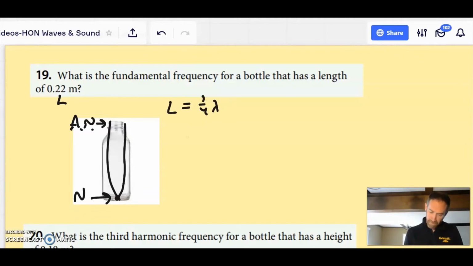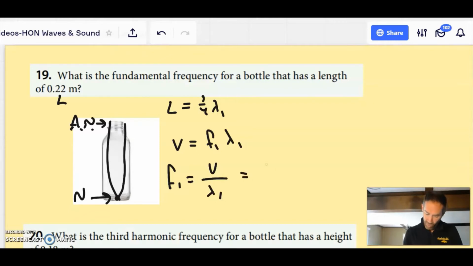We're going to say then that the wave speed is the fundamental frequency times that fundamental wavelength. And that fourth of the wavelength I was talking about before was the fundamental. Now they want that fundamental frequency, so I'll take that wave speed and divide by that fundamental wavelength, or the wave speed divided by 4 times the length of the bottle.